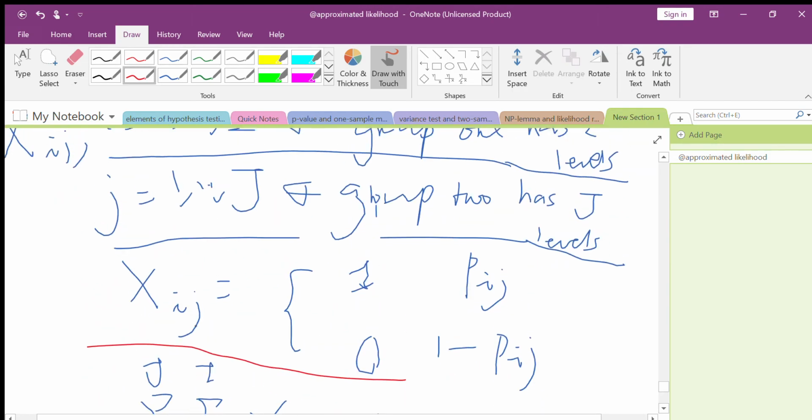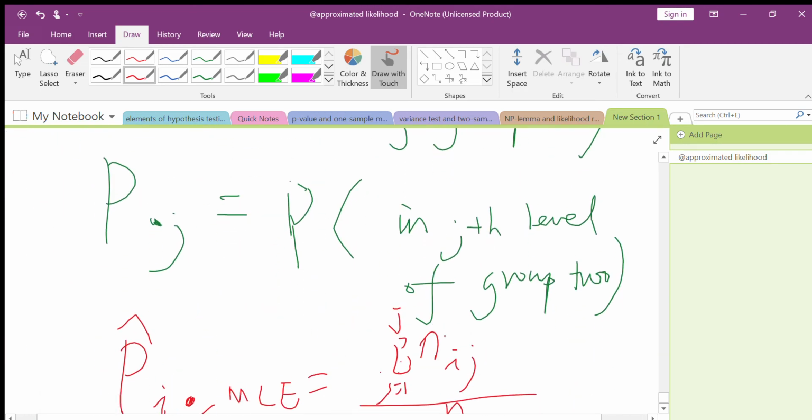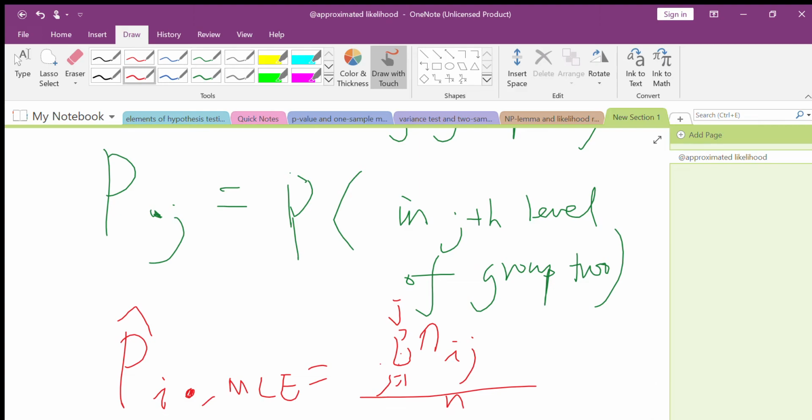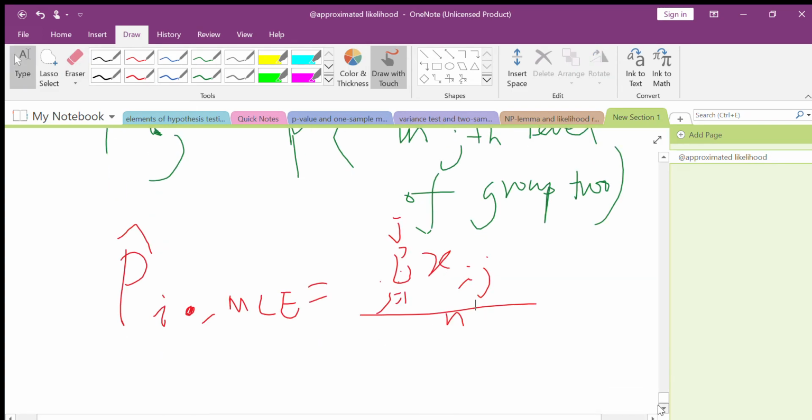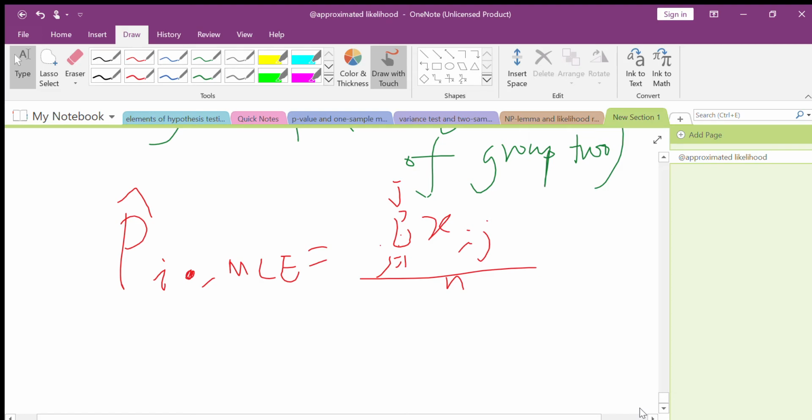Associated with pi dot, we give a new notation, ni dot, divided by n.